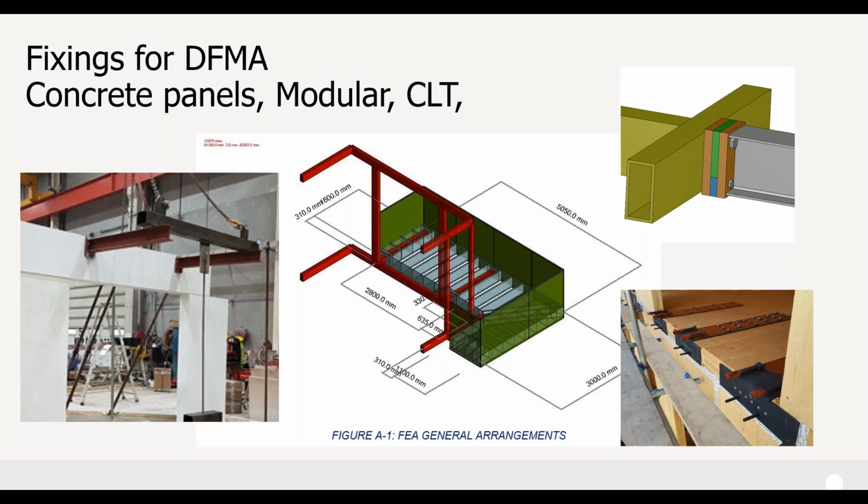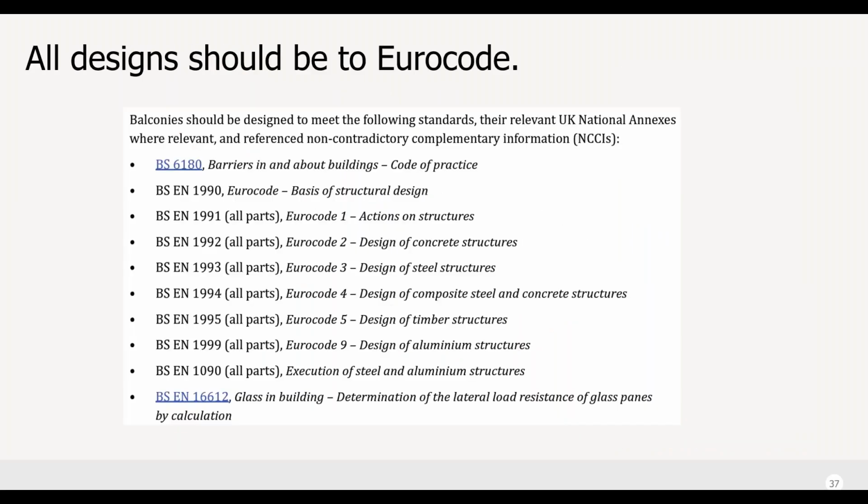The next slide confirms that all designs should be to Eurocode. The particular importance of this is the loadings that are required, because the old 6399, which some people still use for some designs, only requires 1.5 kilonewton per square meter as a uniformly distributed load, whereas Eurocode sets a minimum of 2.5 for single residences, and it's important that the guidance of Eurocode is followed implicitly.